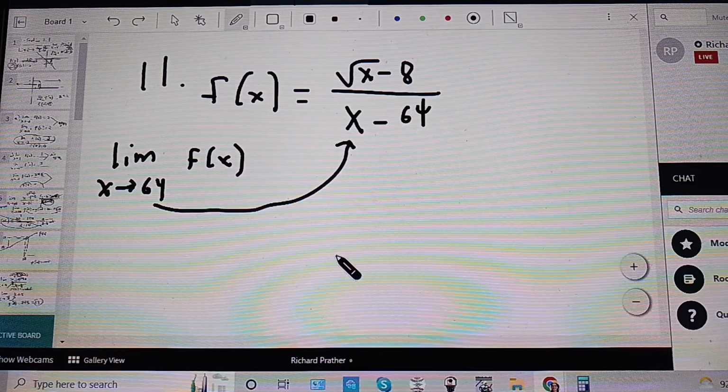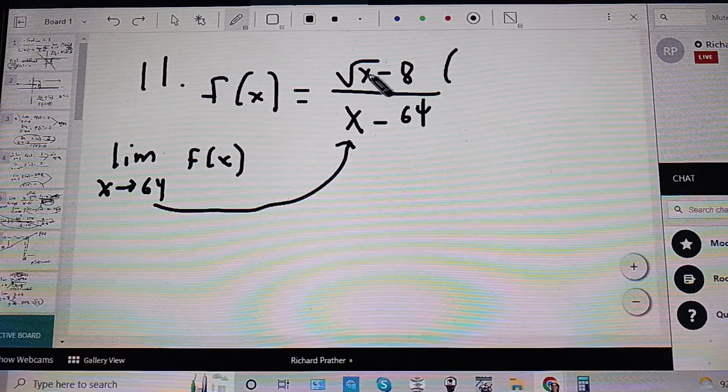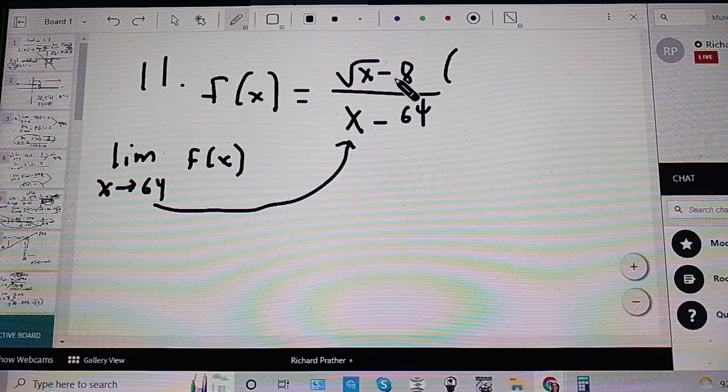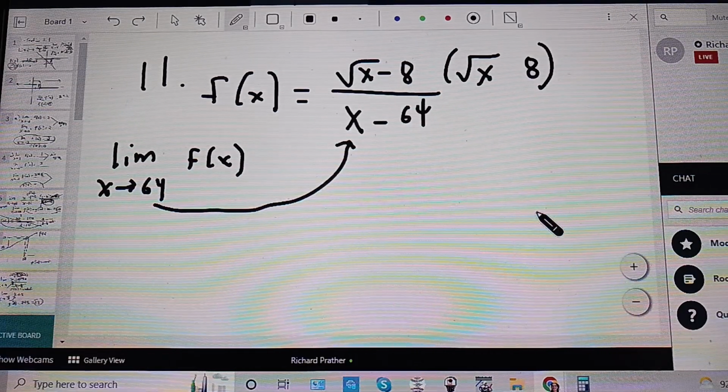You probably remember in algebra a concept called rationalizing the denominator. Well, somebody thought to try this on rationalizing a numerator. When you get a square root of x minus 8, if you multiply by what's called the conjugate, which is a two-term polynomial, a binomial that has the opposite inside sign.